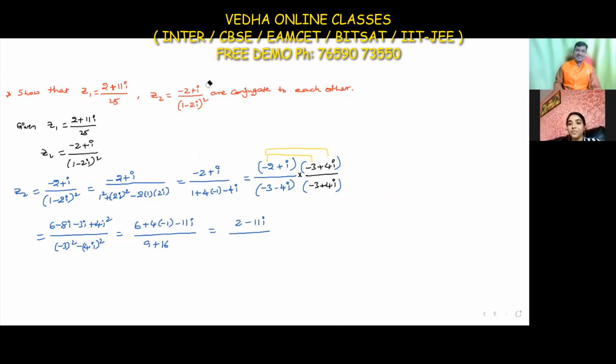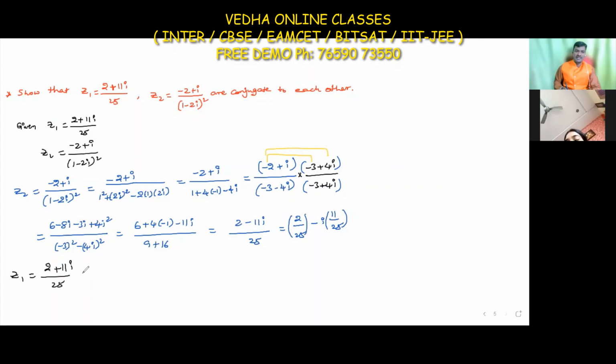So we get (2 minus 11i) divided by 25. We can write it as 2 by 25 minus i into 11 by 25. This is Z2. Now check the Z1 part: Z1 is (2 plus 11i) divided by 25.